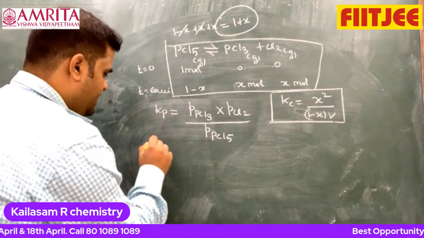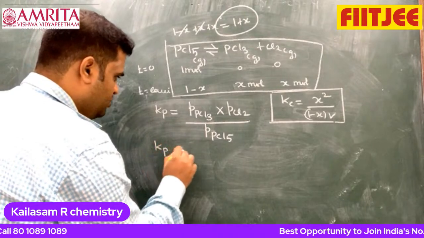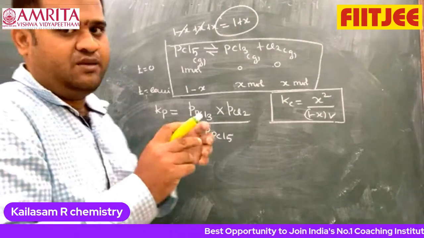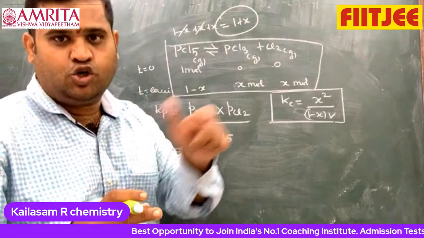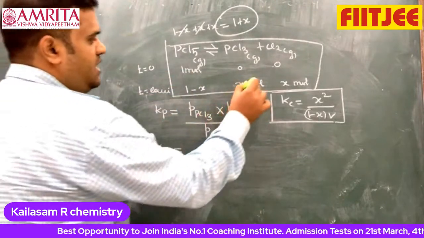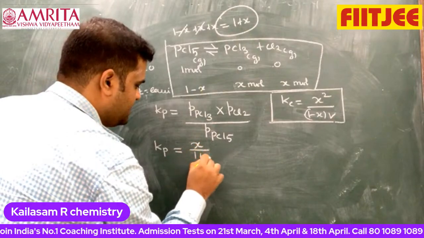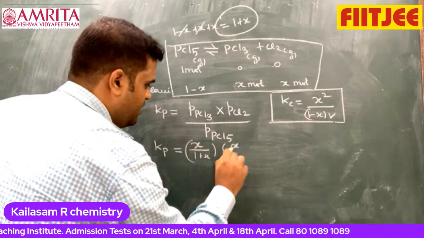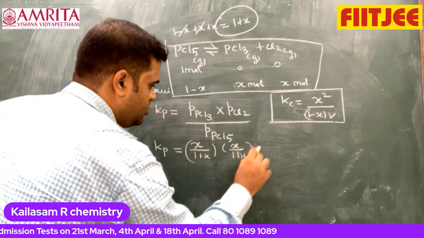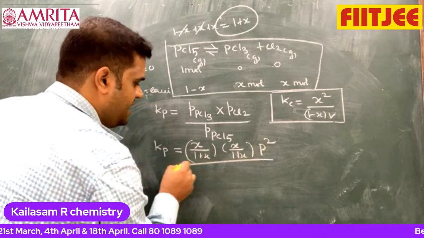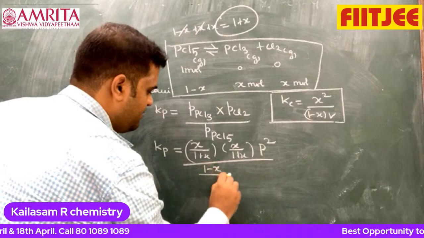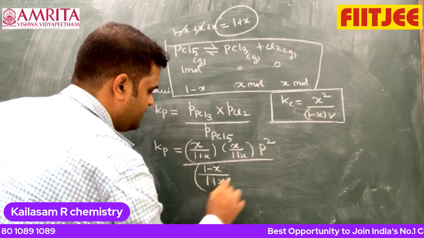Now Kp equals, what is the partial pressure of PCl3? Partial pressure is mole fraction times total pressure, and the mole fraction is x by 1 plus x. So Kp equals x by 1 plus x times total pressure P, squared, divided by 1 minus x by 1 plus x.